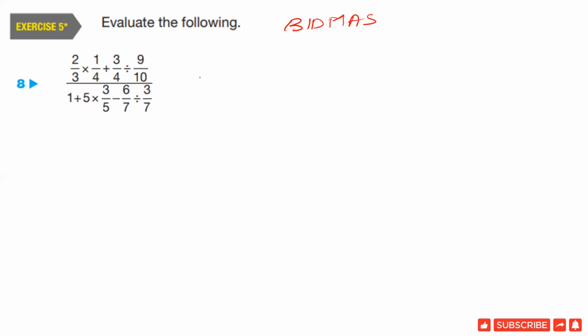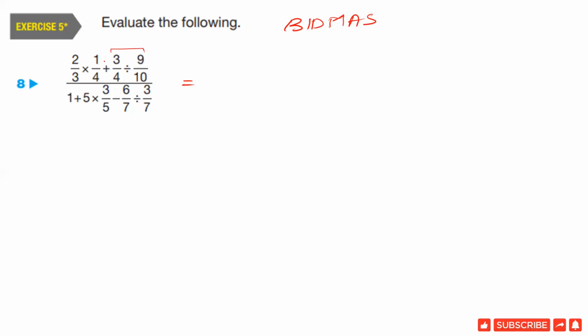Question 8. We shall solve numerator and denominator separately according to the BIDMAS rule. Then we shall apply the fraction. So here we solve first fraction in the numerator. 2 by 3 times 1 by 4 plus 3 by 4 divided by 9 by 10. Here you have division sign first.